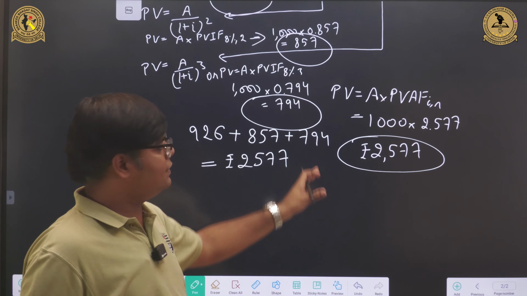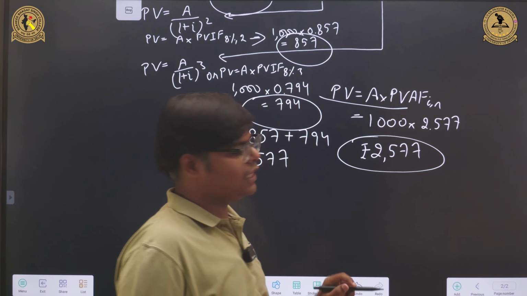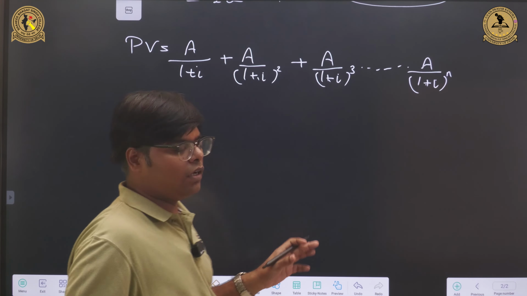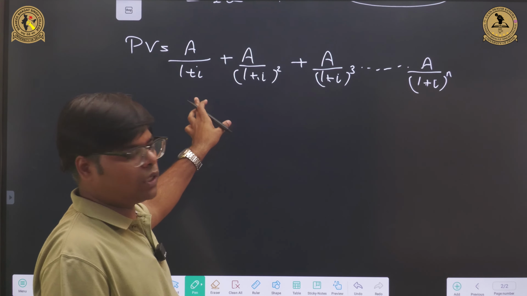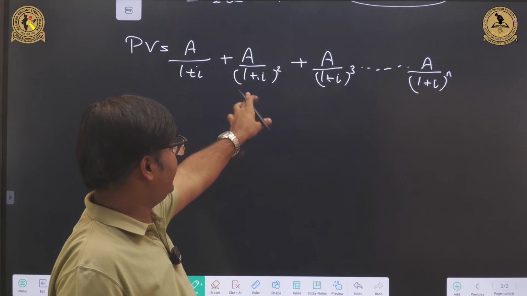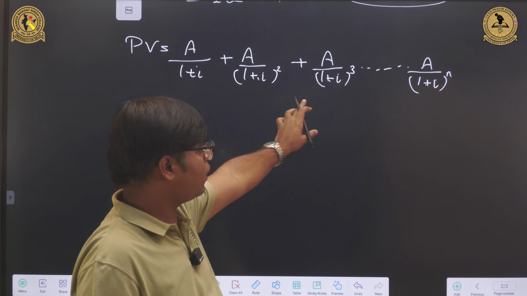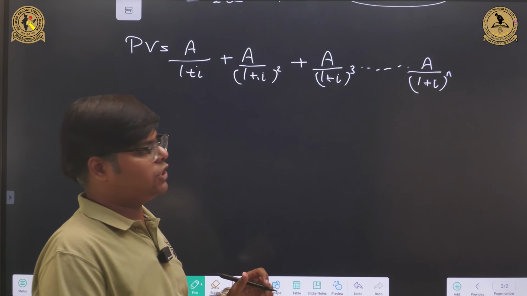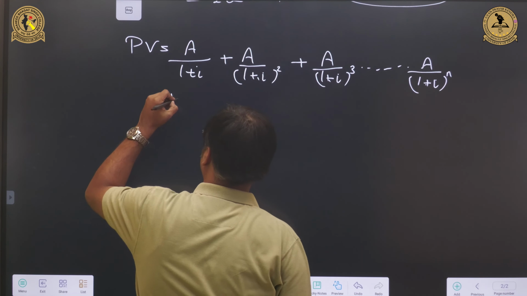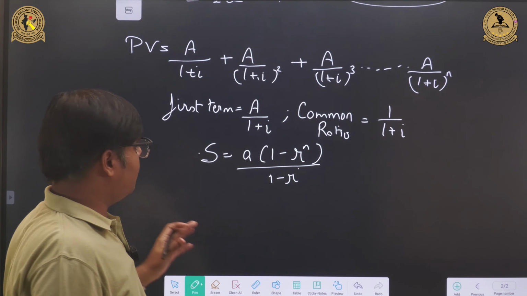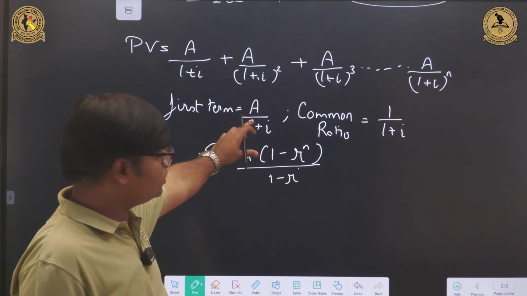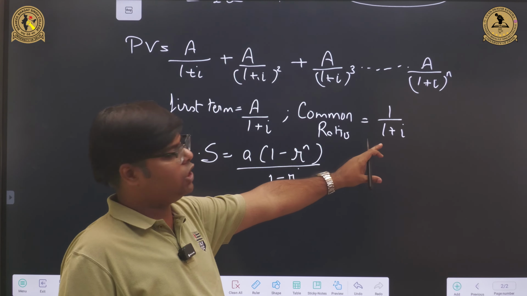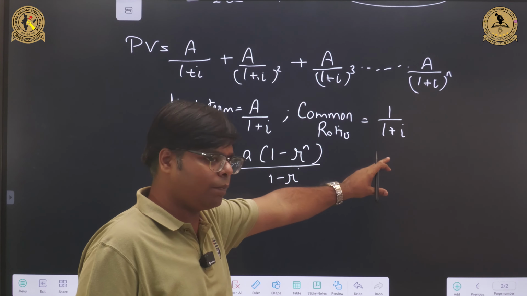Now let's understand the derivation of this formula. Present value is equal to annuity multiplied by PVAF. Now we have learned that present value is equal to annuity divided by 1 plus i, plus annuity divided by (1 plus i) raised to power 2 and so forth. This forms a geometric progression wherein the first term is equal to A divided by 1 plus i and the common ratio is equal to 1 divided by 1 plus i.